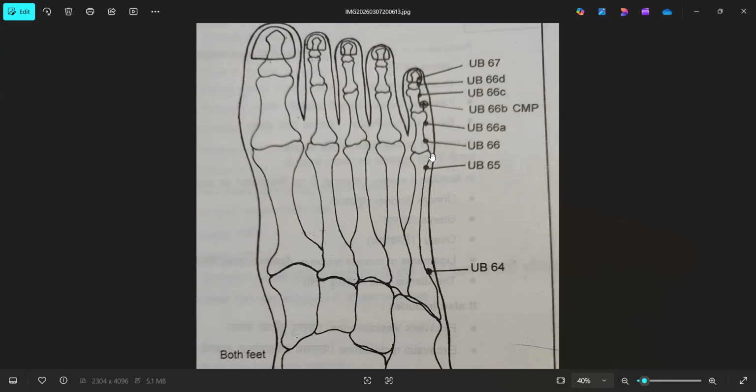Then comes UB65. This is a very important point from the point of view of males especially. This is the partial summation measurement point for the anterior and posterior portion of the urethra.